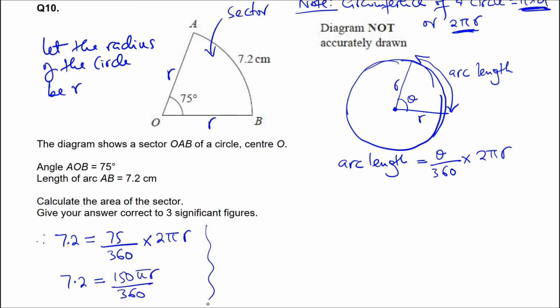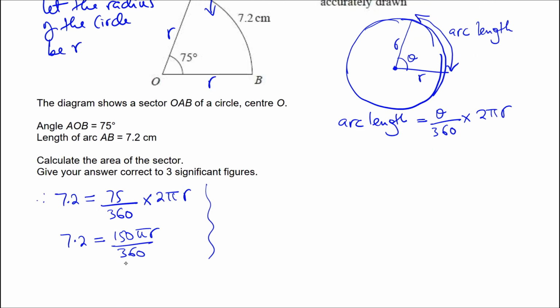At this stage we can multiply across, so we'll have 7.2 multiplied by 360 equal to 150 pi r.